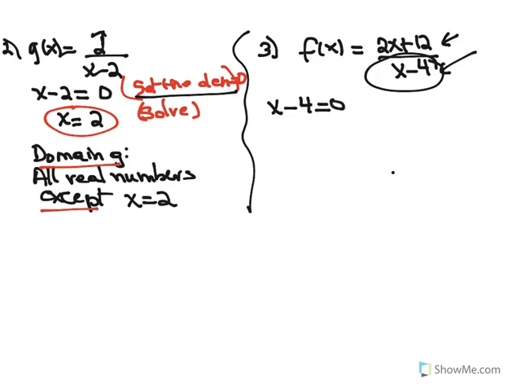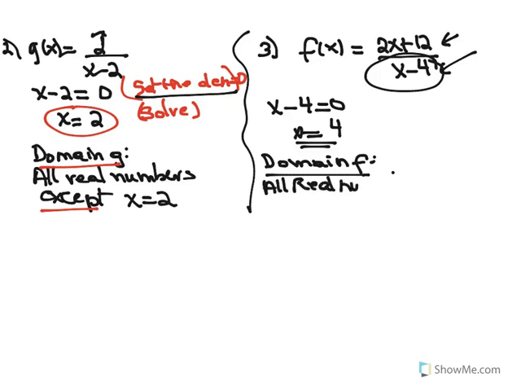The second thing I have to do is I solve. And now I have the value that needs to be excluded out of the set of real numbers for the domain. So the domain of this function is all real numbers except x equals 4.